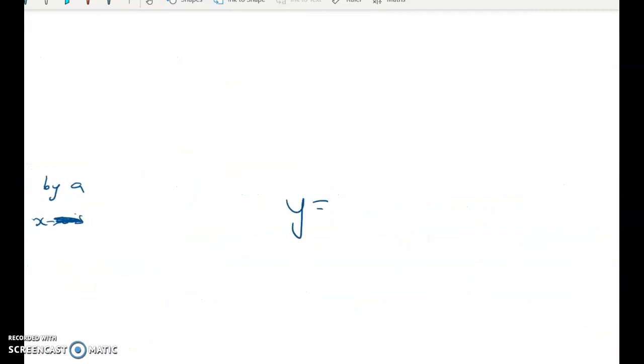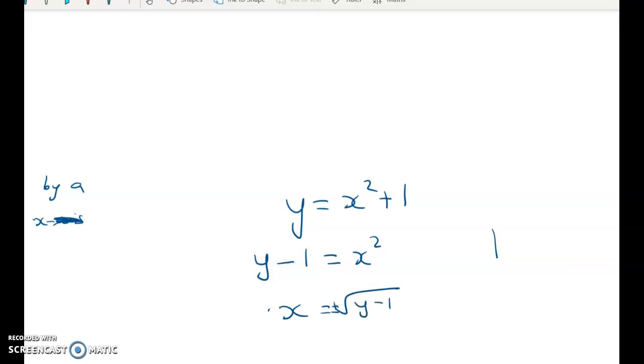We've got the curve as y equals x squared plus 1, which means that y minus 1 is equal to x squared. Now I could go further and say that x is equal to the square root of y minus 1, and it could be the positive or the negative, but we know that we're only working with positive values.